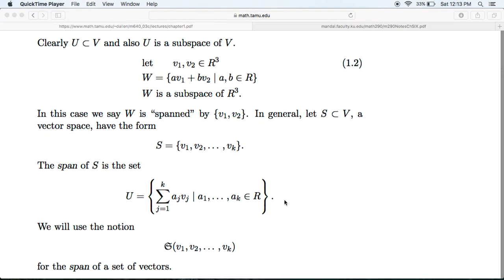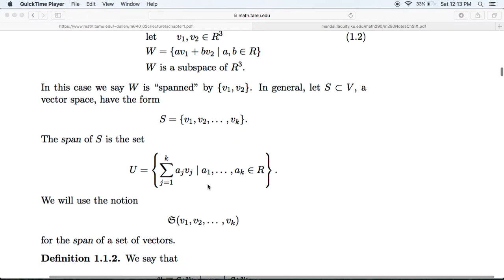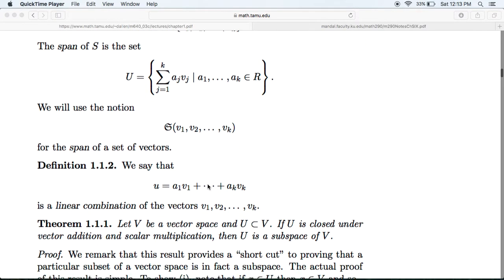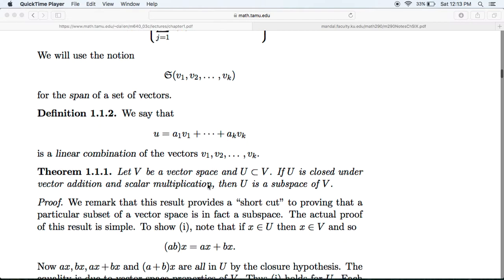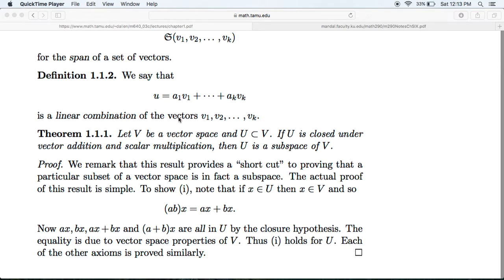All such linear combinations give me the span of this subset. As I said, we can say u is a linear combination of v1 to vk if u can be written in this fashion, a1 v1 plus and so on until ak vk, where these ai are scalars.